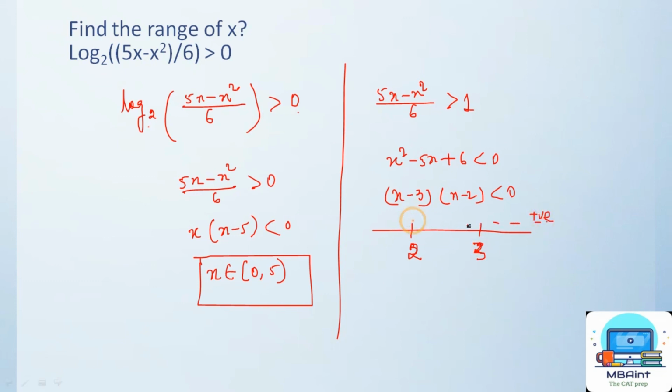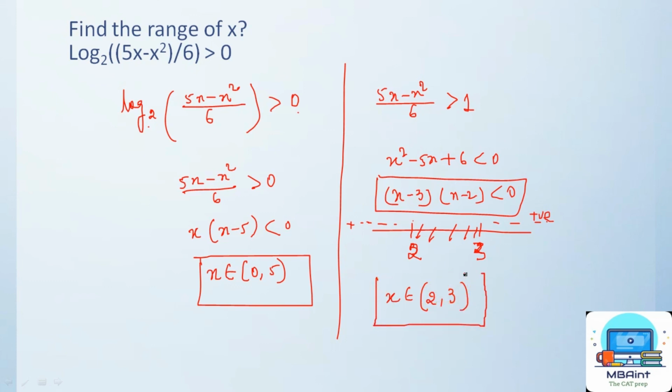If you take any number between these two, you will get the negative part, which satisfies the inequality. And if you take any value less than 2, again you'll get a positive value. So this is my desired portion. My final standing is x should belong to between 2 and 3, right? So x should be anything between 2 and 3.